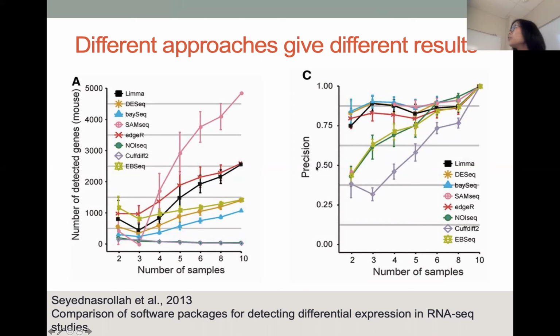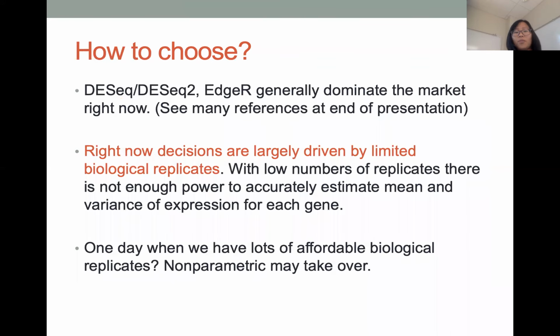In terms of the precision of the software, it's the same thing. If you have few replicates, it could be very low. But when you have a lot more replicates, they perform almost approaching 1, all of them. So the problem now is basically dealing with fewer replicates.